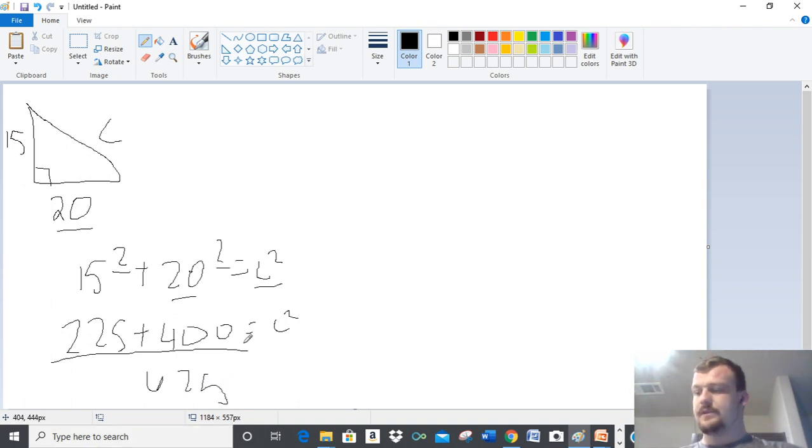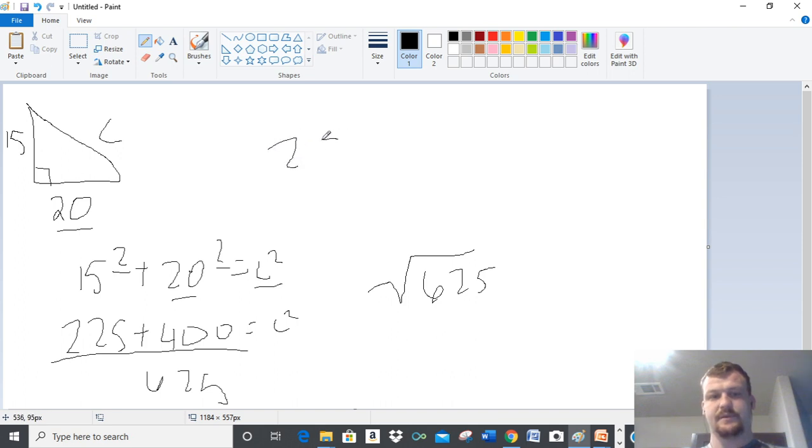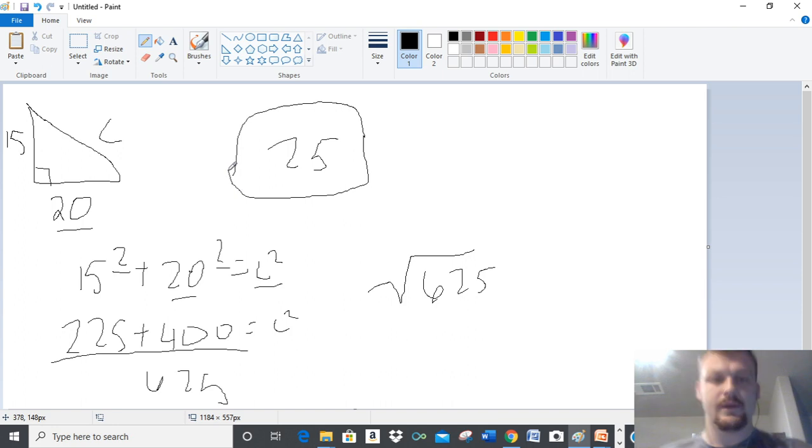Oh, that's weird. They both work out to 625 before you square root. Anyway, so now you do 625 again. You square root it and you get 25. That's really weird that both of those are the same answer, but whatever, we'll go with it. So C is 25.